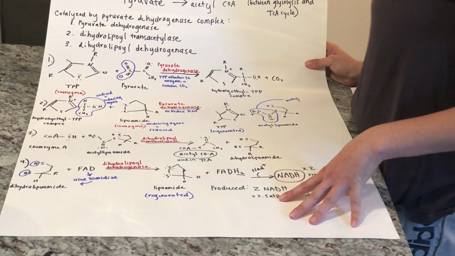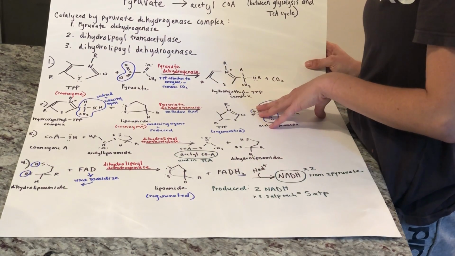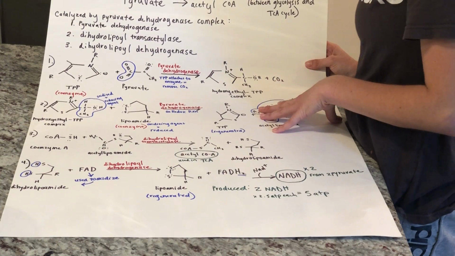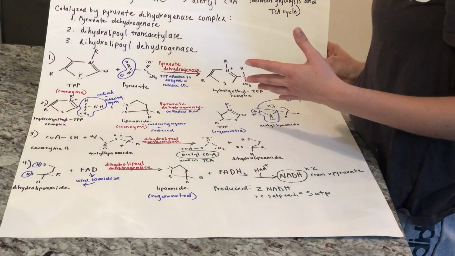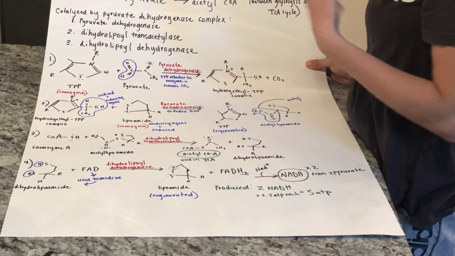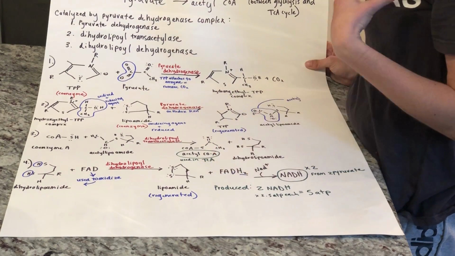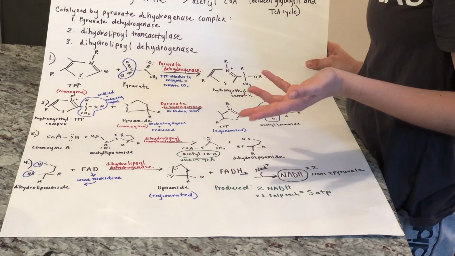The first step, we're going to take the pyruvate that we made in the glycolysis, and we're going to have a coenzyme TPP. Anytime we have a coenzyme in a reaction, we're going to have to regenerate it in later steps. So that's just something to note right now.